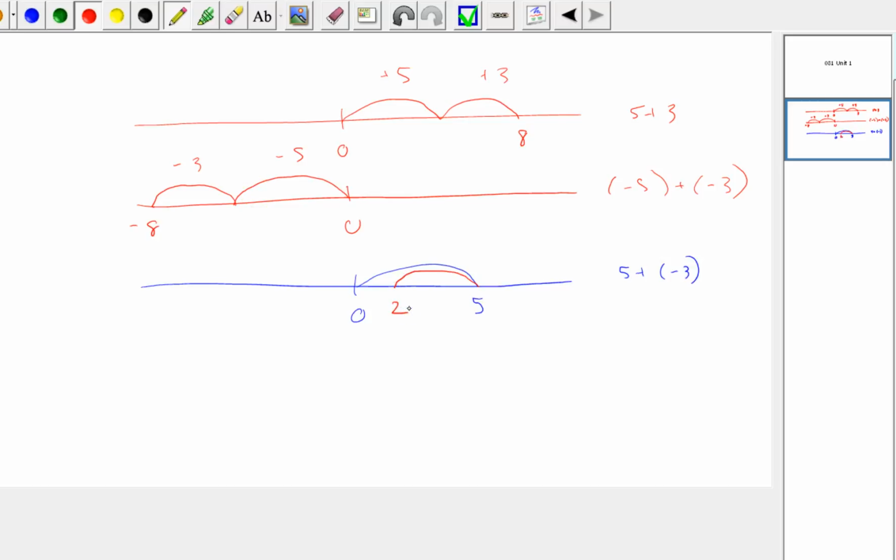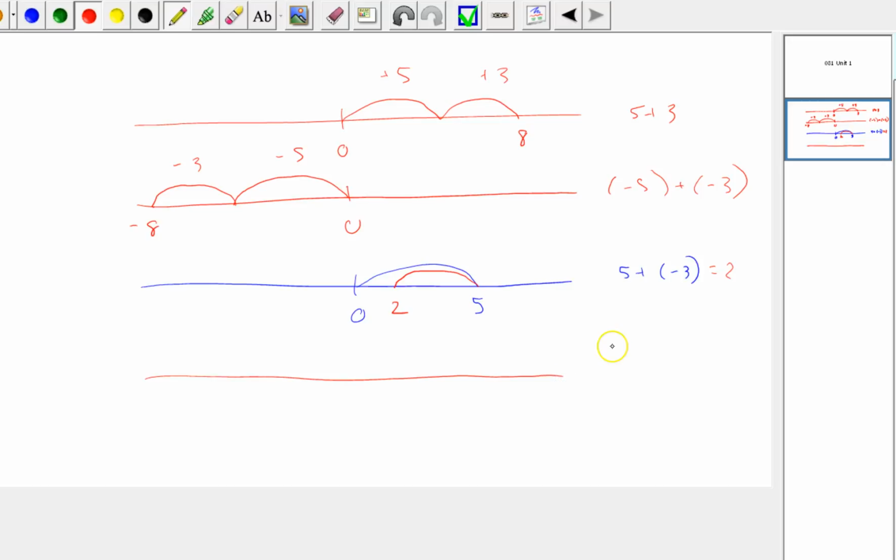And we get back to 2. Okay. So notice here what hopefully they'll be able to see if they think about this in terms of a number line is that they're going to move 5, and even though this -3 moves to the left, they're still going to be on the positive side of 0 since 3 is less than 5. Okay, and then they can notice that this is taking the difference.